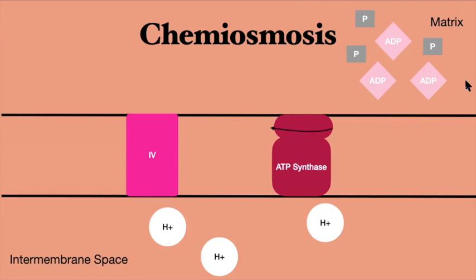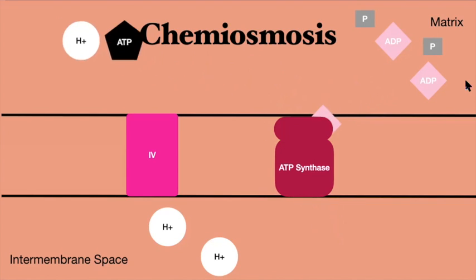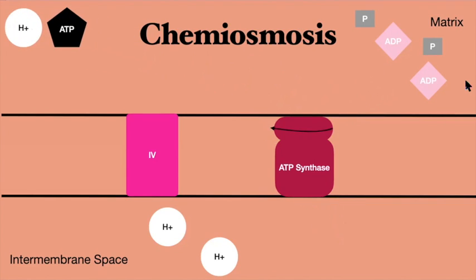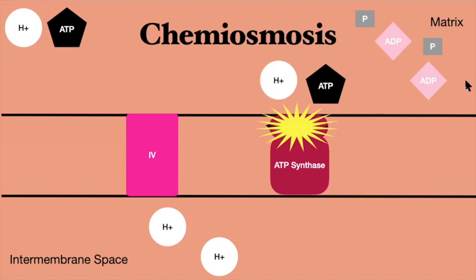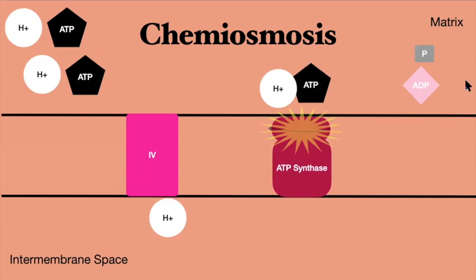And this mechanical energy causes them to bind together, and this creates a lot of ATP, as you can see by our wonderful design. And this happens again and again until it makes a huge amount of ATP, which is why it accounts for a lot of the ATP made in the metabolism.